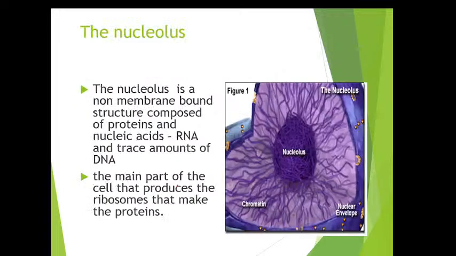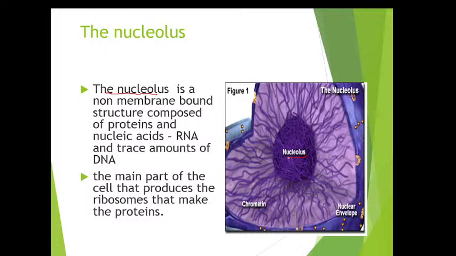This is the nucleolus. So let's see in detail what the nucleolus is. Inside the nucleus, you can see here, this is the nuclear envelope. The nucleolus is a non-membrane bound structure. See, this is the nucleolus.